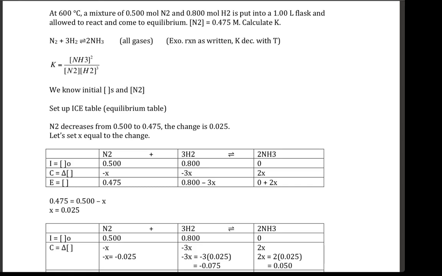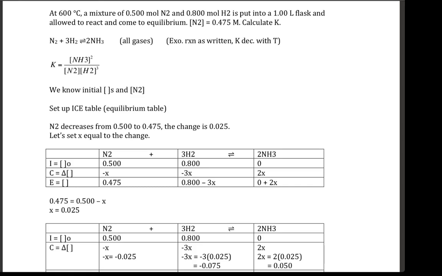So the N2 concentration decreases, so we represent its change as negative X. The H2 concentration also decreases because it's a reactant, so it's going to be negative as well. But notice that 3 times it has to change.